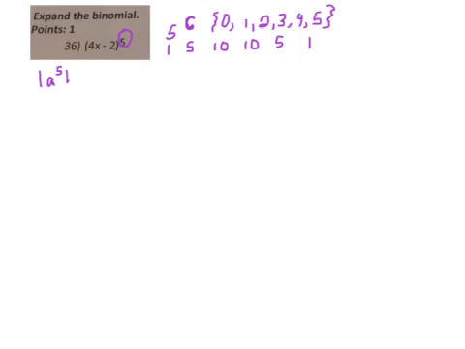It's a to the 5th b to the 0 power. And notice those exponents add up to 5, which is the power that we're raising this to. And then we'd have 5 a to the 4th, b to the 1st. So as the first exponent decreases, the second one is going to increase. And it just keeps going like that.